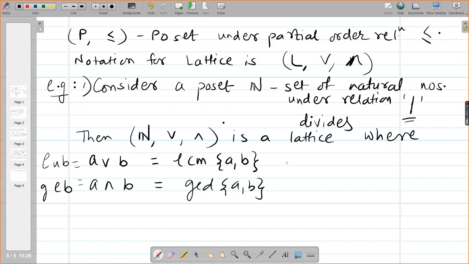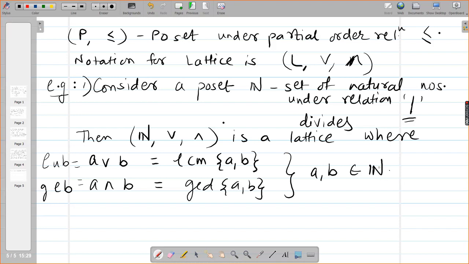So for any two numbers, GCD always exists. Yes or no? And it is unique. Yes or no? Yes, ma'am. And LCM also always exists.